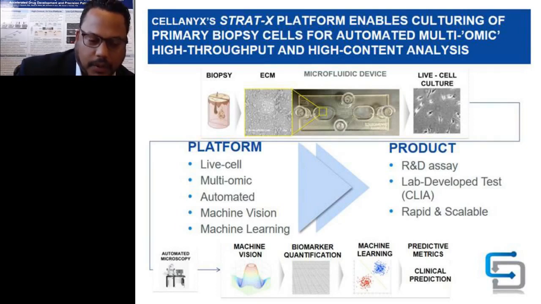And so the point being, there's versatility both in the front end of the platform as well as in the back end, in as much as a number of biopsies can be taken and cultured, and then a number of predictions can be had.